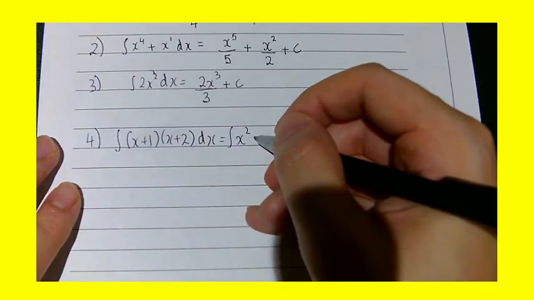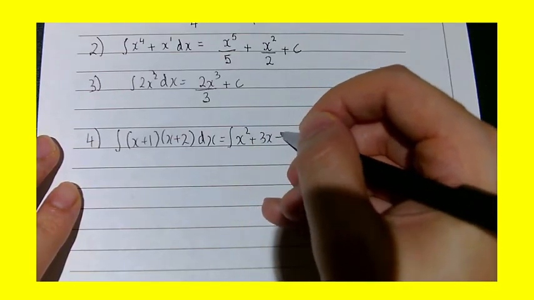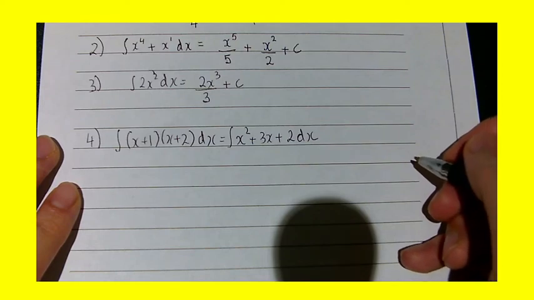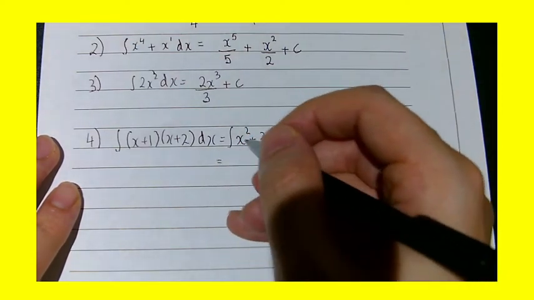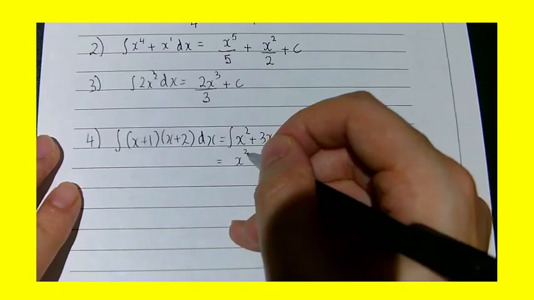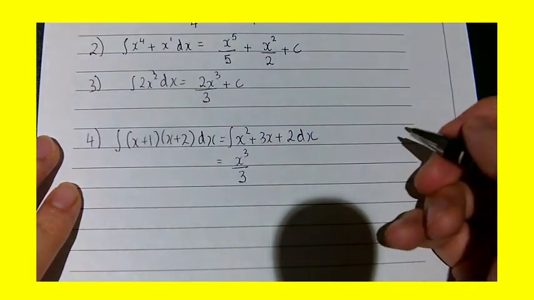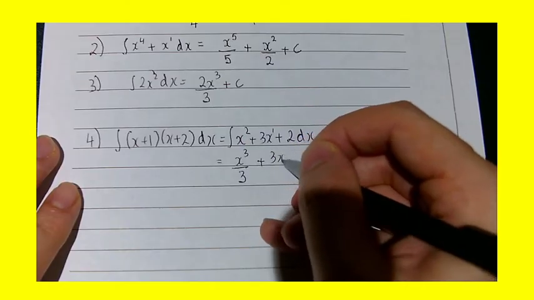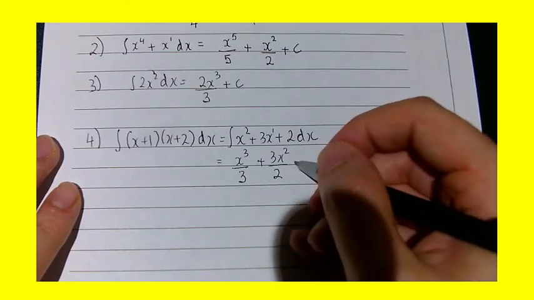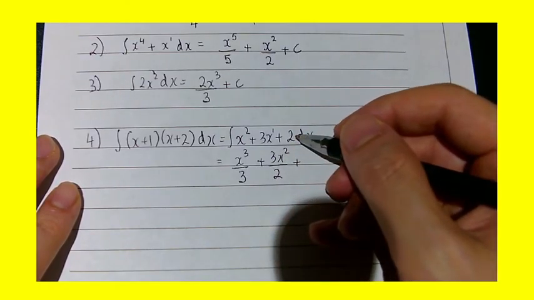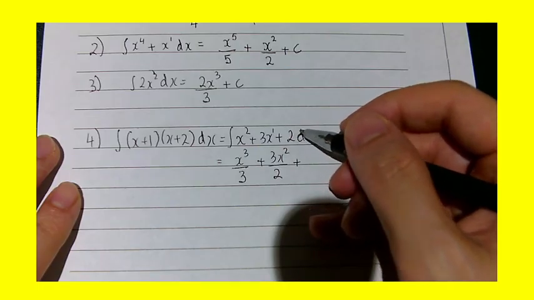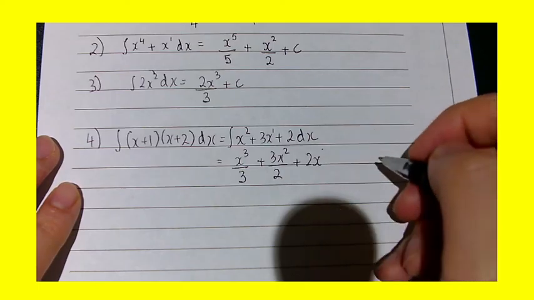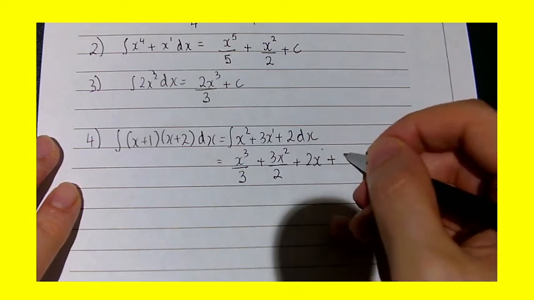When I expand the brackets, I'll get this, and that is a simplified index form which I can now integrate. So I'm going to integrate: add 1 to the power, divide by the new power. This is 3x to the 1, add 1 to the power, divide by the new power. When you see a number on its own, imagine that's 2x to the 0, so it becomes 2x to the 1 over 1, which is just 2x plus c.